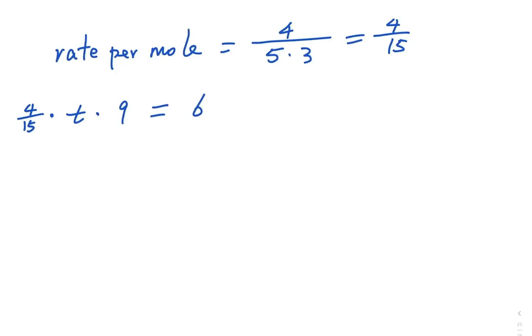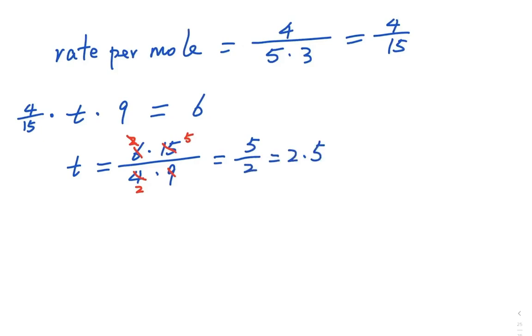Then we can solve for T, right? 6 times 15 divided by 4 times 9. Cancel the 3 from 9 and 6 and 15, and cancel the 2 from 4. We get 5/2, which is 2.5 minutes.